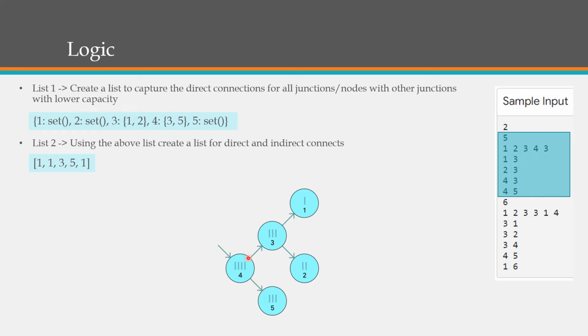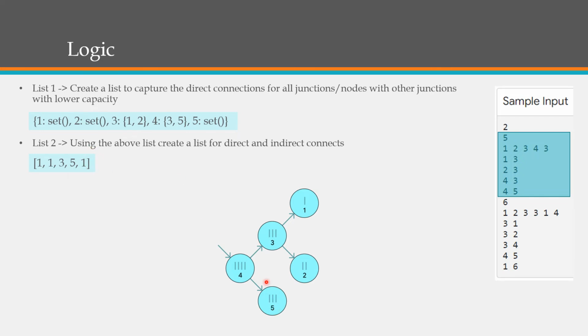From here to here we have this and this, including these two and junction 3, we have 5. So direct connections we have 1, 2 only, including that also we have 1 plus 2. I hope I'm making some points here. So that is how we have 5 here, and then finally we have 1.